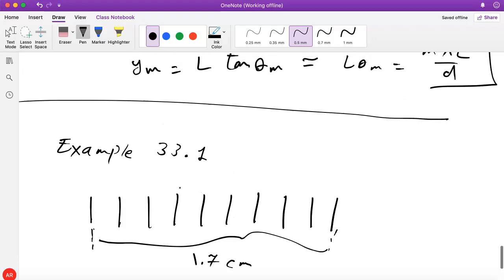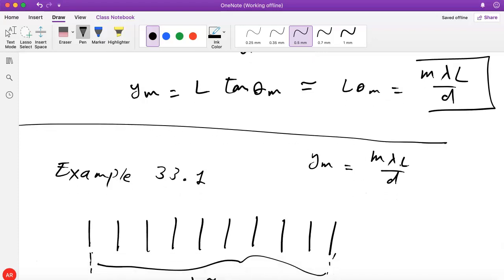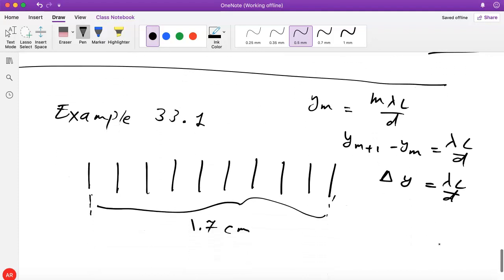Remember, our ym is m lambda L over d, so it's just proportional to m. So if you look at two consecutive ones, ym plus 1 minus ym, in this limit, it's just lambda L over d. So delta y is independent of m and is lambda L over d.